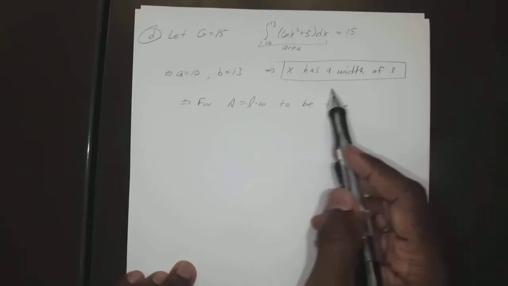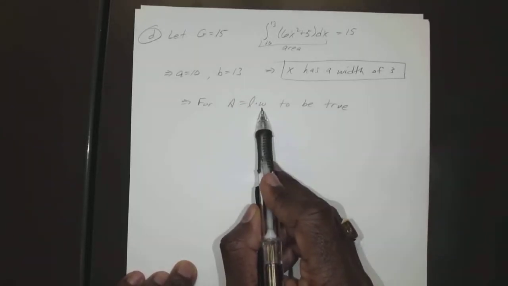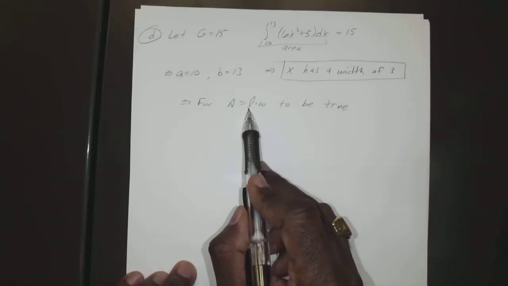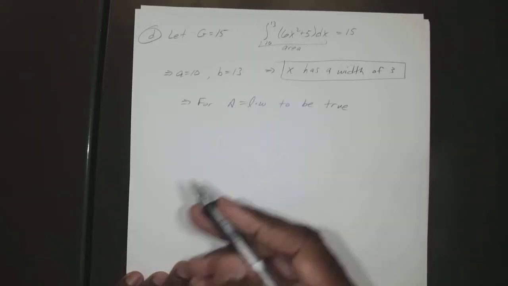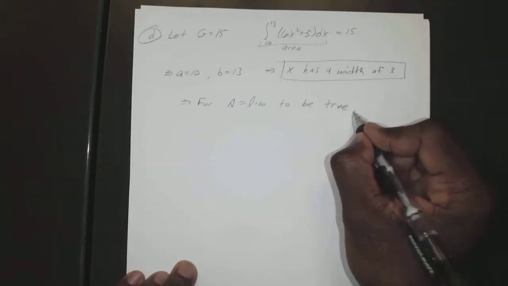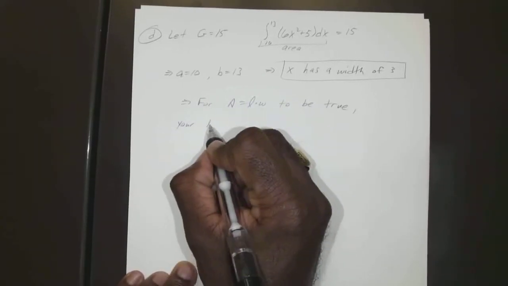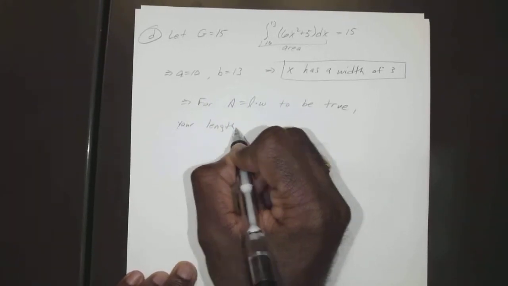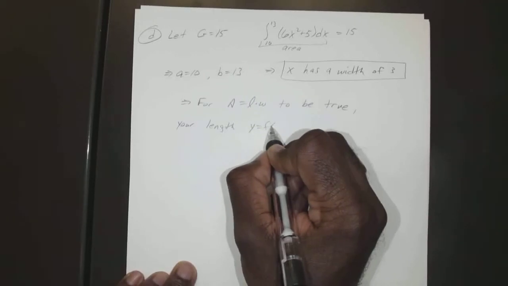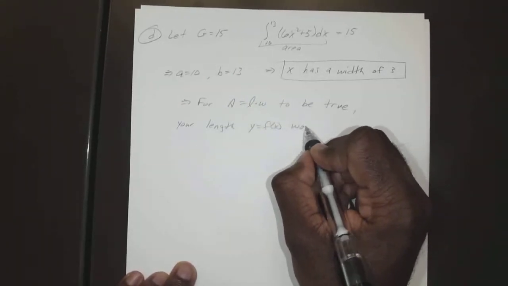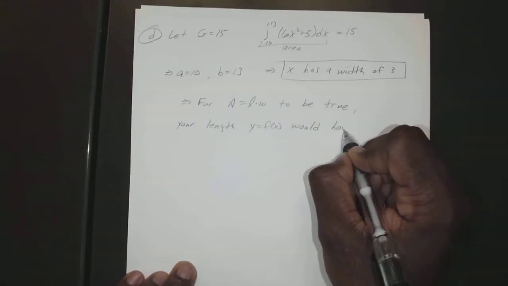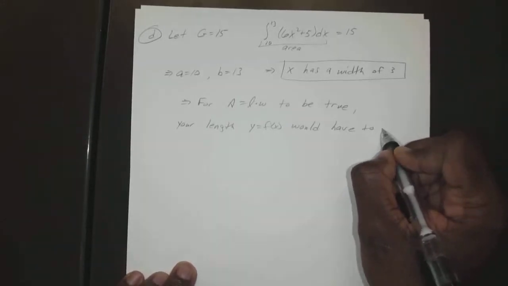For that to be true, and you have a width of 3, your length, y equals f of x, would have to equal 5.